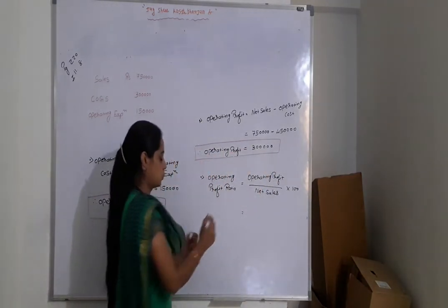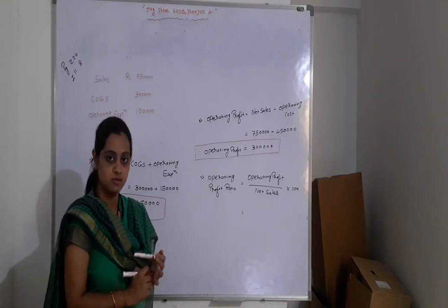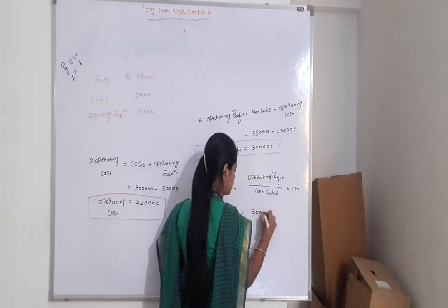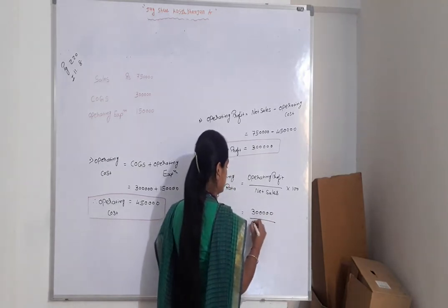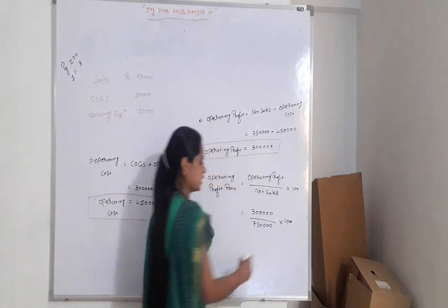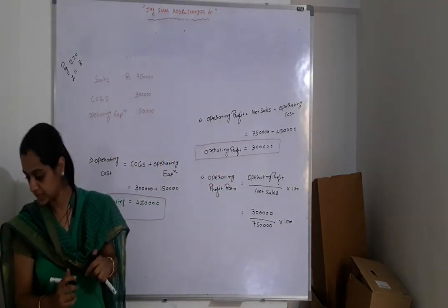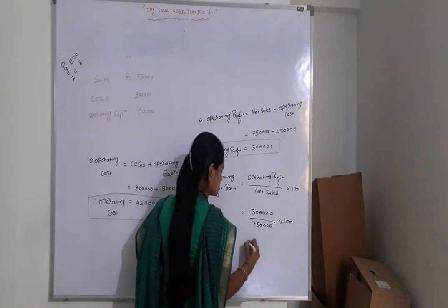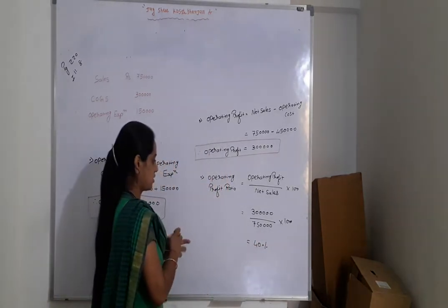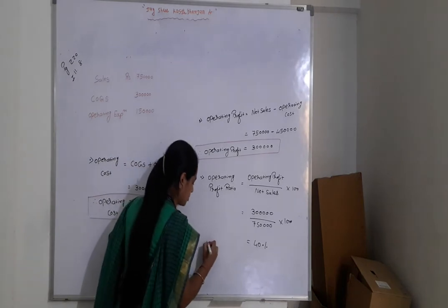That means we can apply the amount in this formula. Operating profit is 3 lakh and net sales is 7,50,000 into 100. Then we'll get the answer is 40%. So our operating profit ratio is 40%.